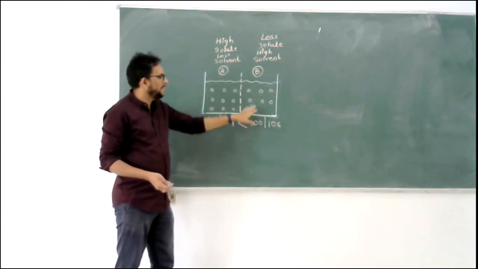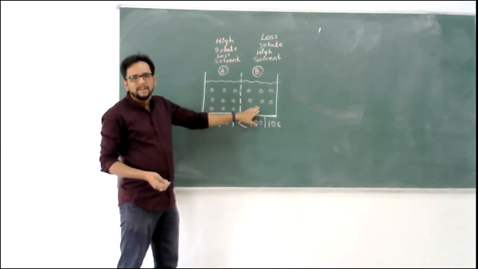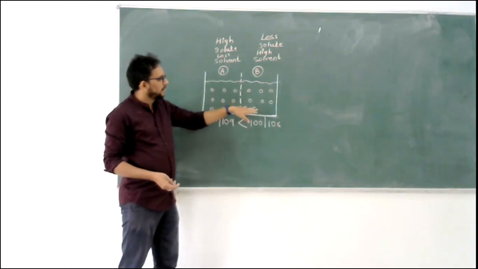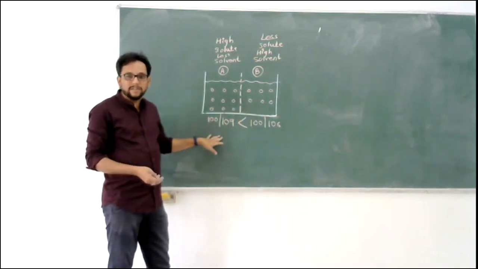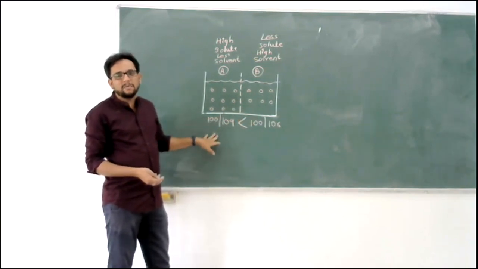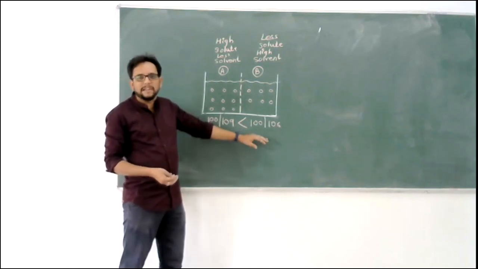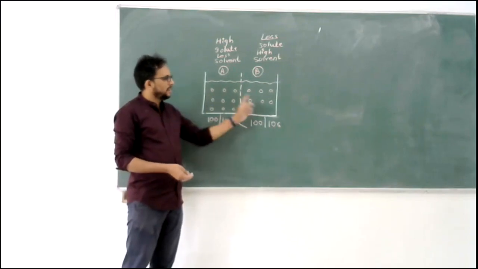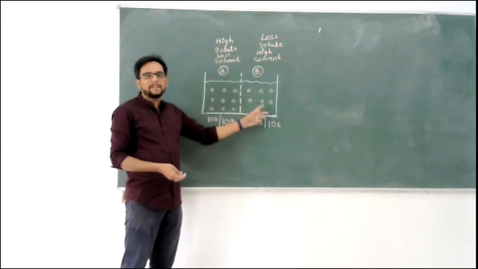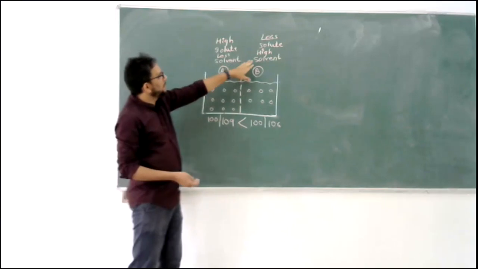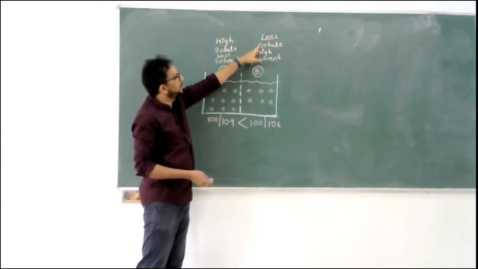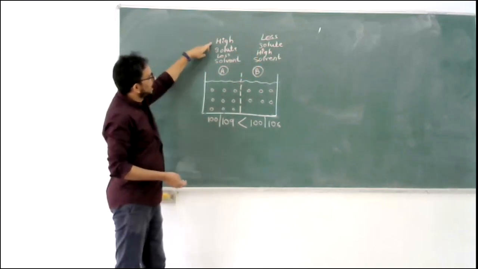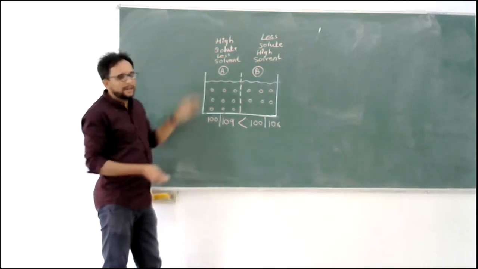You can simply imagine, out of 106 here, there are 100 molecules, and out of 109 here, there are 100 molecules. So obviously here water is a little more compared to this system. And again, I'm not talking about the actual volumes, but the relative volumes. So when we talk of this situation, that is less solute, high solvent, high solute, less solvent, right?